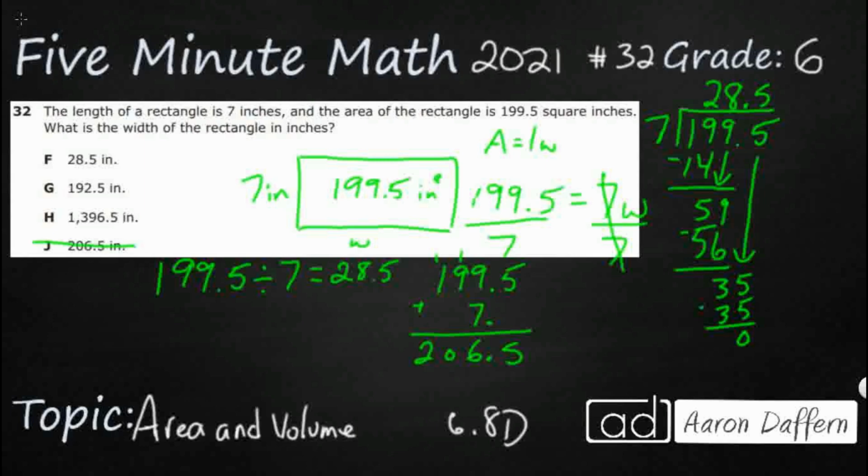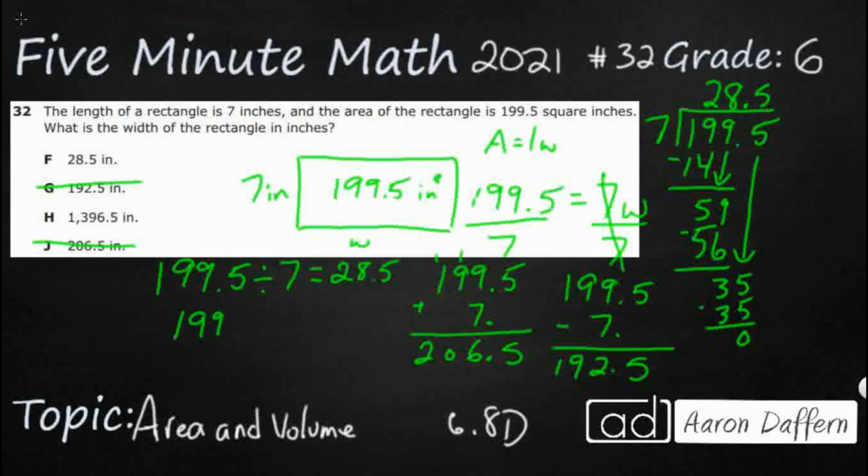That is our answer J. What happens if we subtract 199.5? Once again, we must line it up correctly. You're going to get 5, 2, and then 19. So 192.5. That's G.